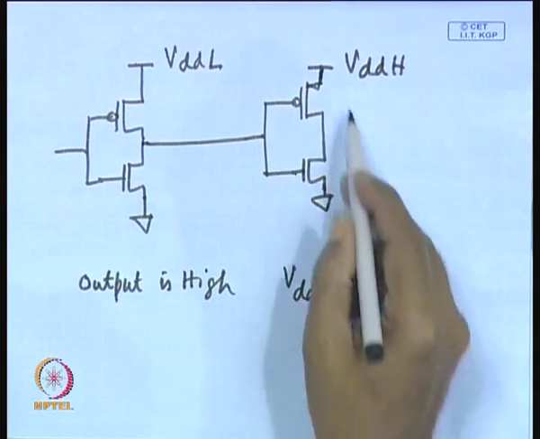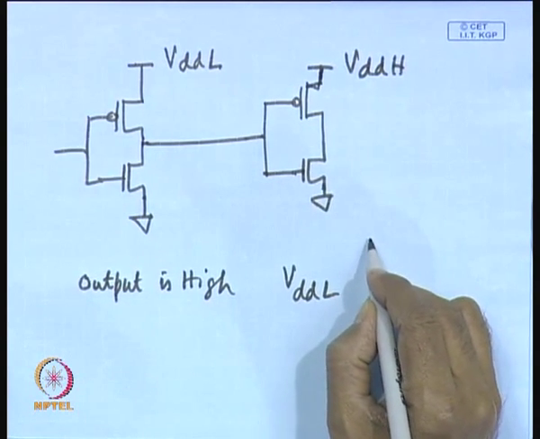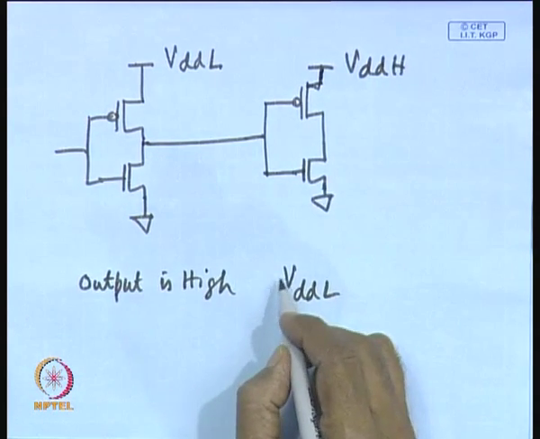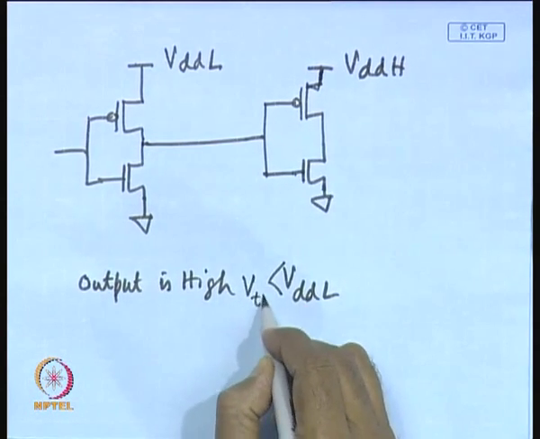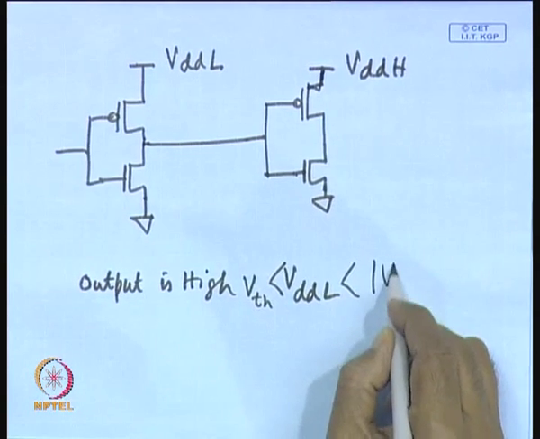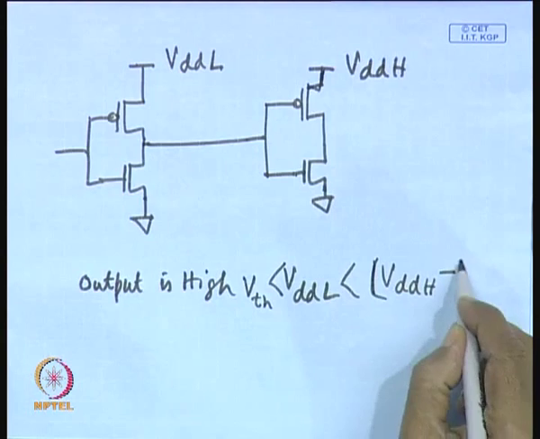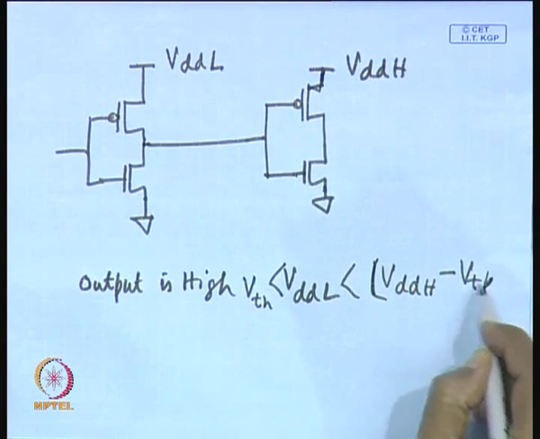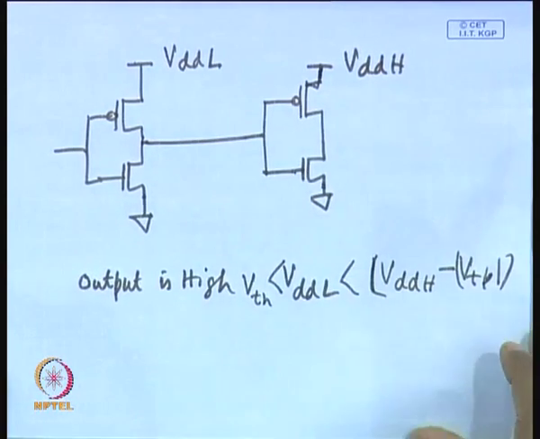But what can happen is that this VDDL may fall in the range greater than VTN, but less than VDDH minus VTP of this PMOS transistor.